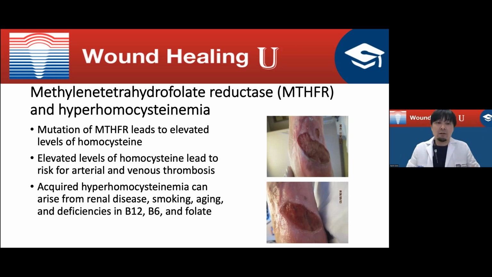And there are inherited conditions and acquired conditions related to hyperhomocysteinemia. The acquired form can arise from renal disease, smoking, aging, and deficiencies in some vitamins like vitamin B12, B6, and B9, which is folate.